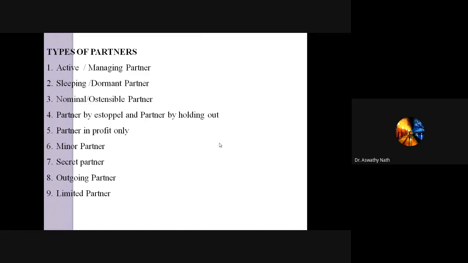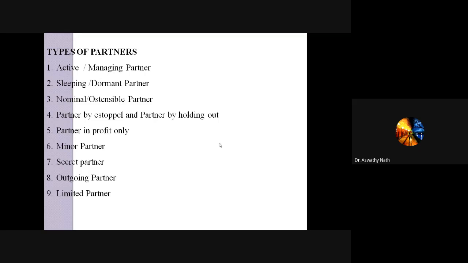Actually, there's a similarity. We think the partner by estoppel and partner by holding out are similar. Only a small difference between them. A partner by holding out means someone who is not a partner but knowingly allows the firm to project to others that he is a partner of the firm.